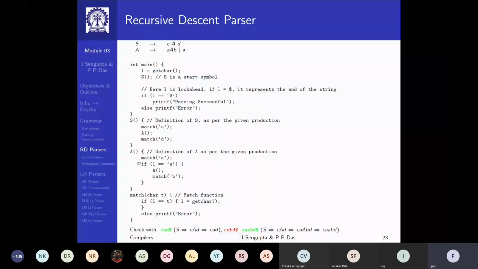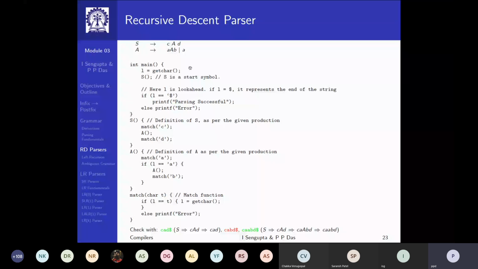Certainly, the first step does not change, because for both these productions, you still have a starting terminal A. So you do a match with A. And then for the look ahead, you have to see what is the look ahead that you expect. Earlier, what did we do?